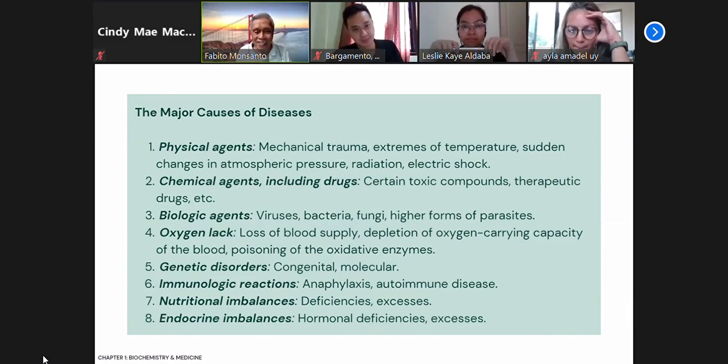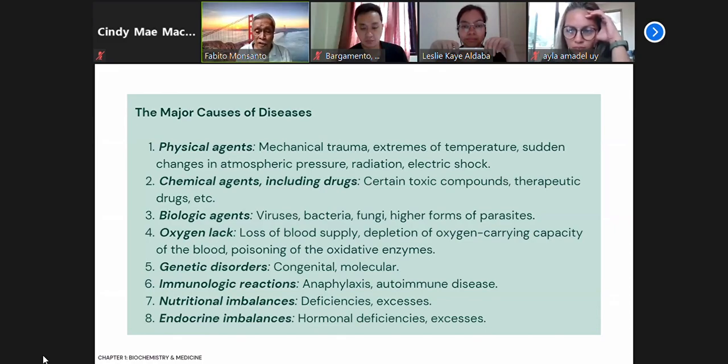Oxygen lack, loss of blood supply, depletion of oxygen carrying capacity. Oxygen carrying capacity, that means you are referring to hemoglobin. Hemoglobin is not able to carry the oxygen. Perhaps the iron there is in the ferric state so that oxygen cannot be carried.